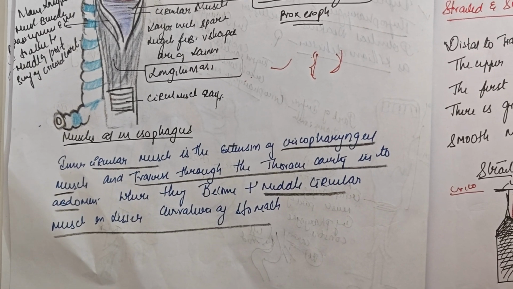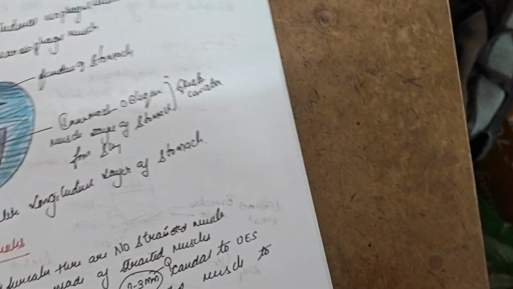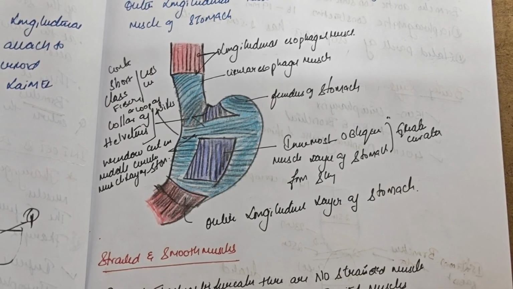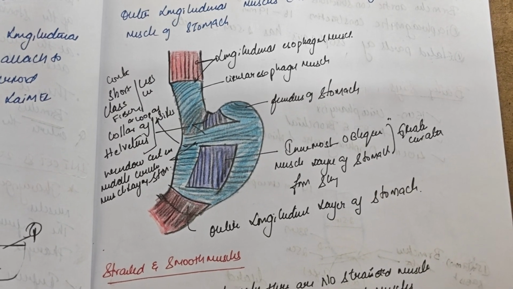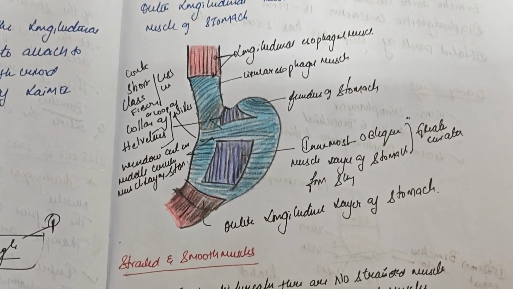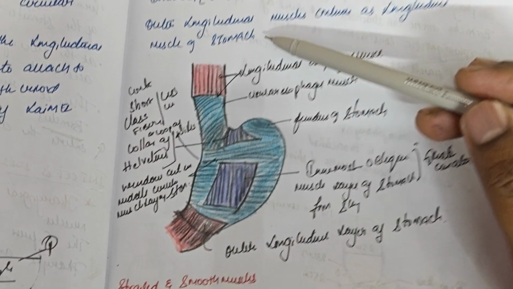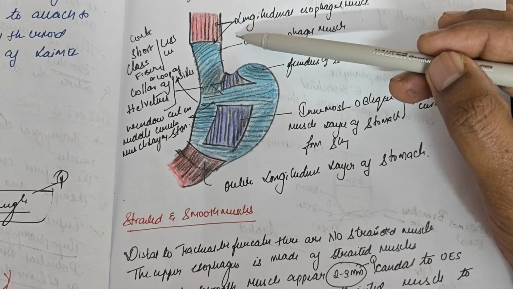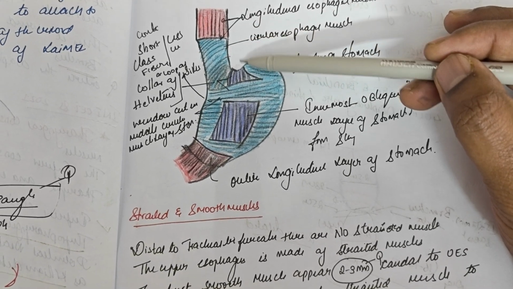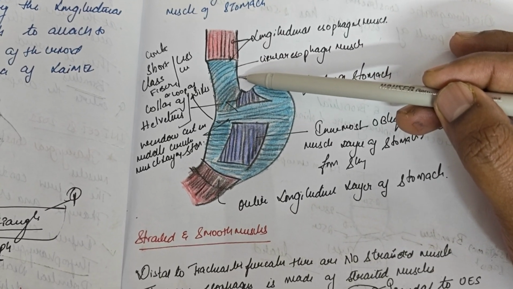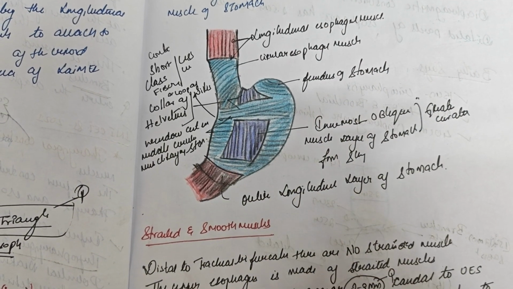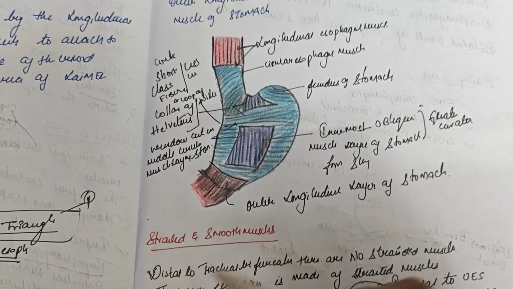If you look into this diagram, the inner circular muscles, which I have already discussed, are the continuation of the cricopharyngeus. When it comes down, it traverses through the thoracic cavity into the abdomen.